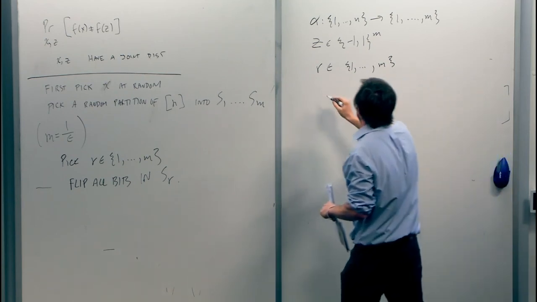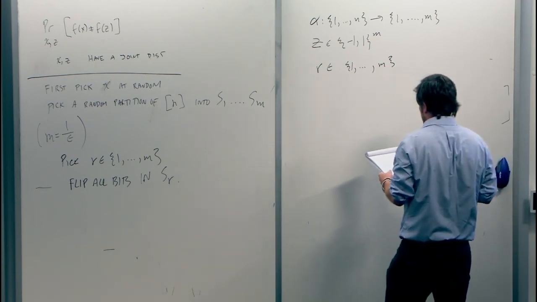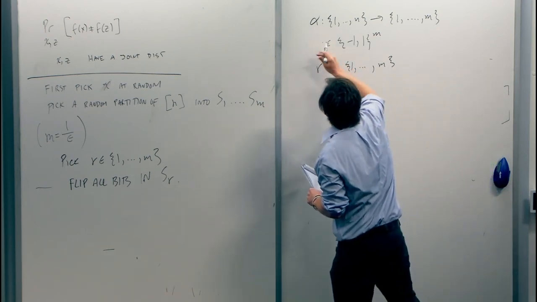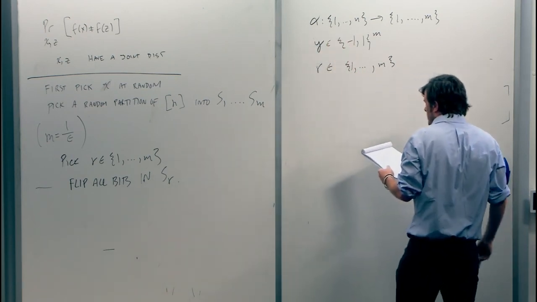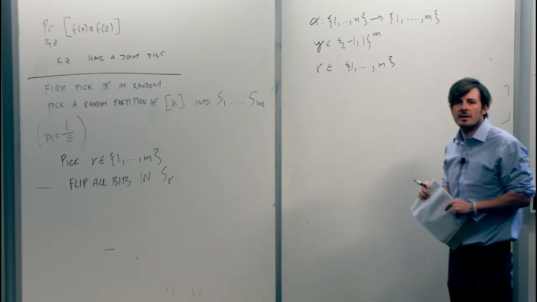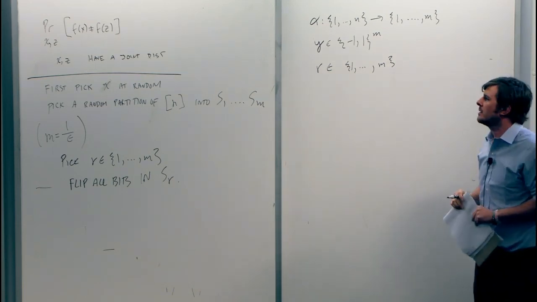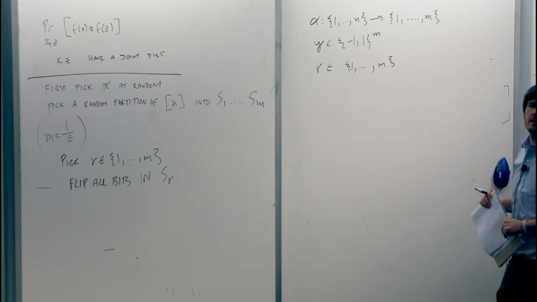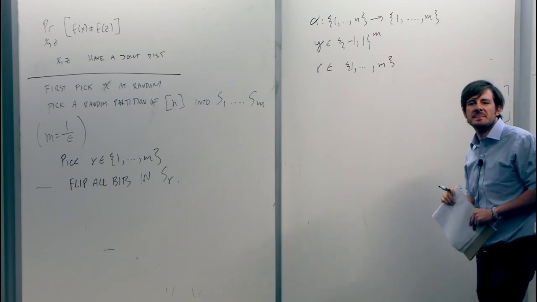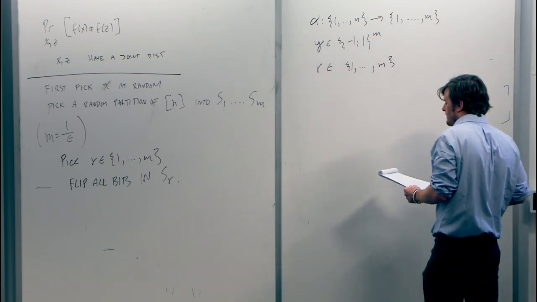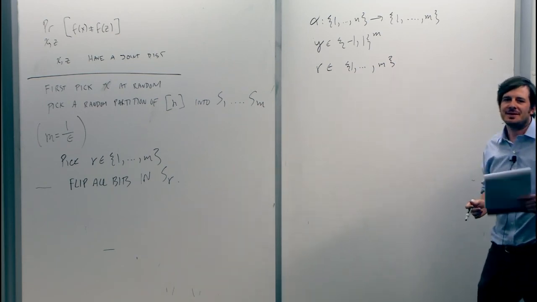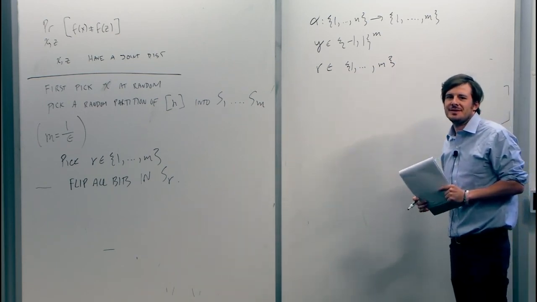Let me say this, this is y. Sorry, is this immediate, that if you pick a uniformly random partition and then pick a random set, it's the same distribution? Well, think about it for a minute, and you'll convince yourself it's the same.